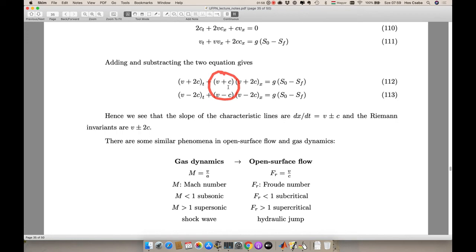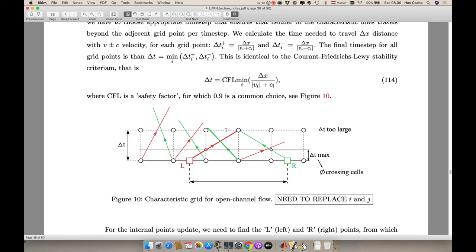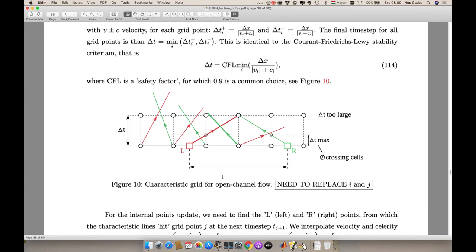On one hand, the wave celerity varies with the depth, so the c is varying, and on the other side, v cannot be neglected. So the flow velocity can be very close to the wave celerity, or it can even exceed it. So now at every grid point, the slope of the characteristic is changing, which resulted in this figure.